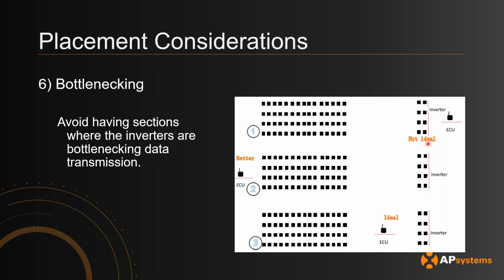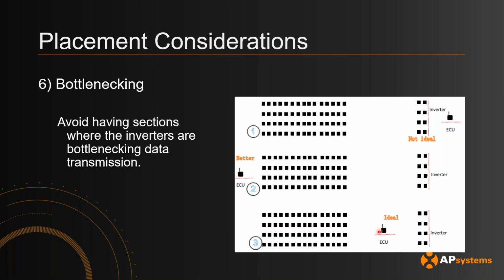But if you have a situation where these 8 microinverters are trying to serve all of these microinverters, that will greatly bottleneck the data transmission between the ECU and the microinverters. So it's better, not ideal, but better, to have the ECU here where it sees more microinverters, and then these can be passed along through this array.